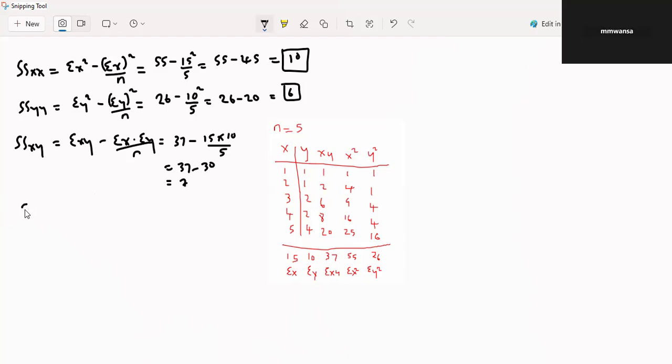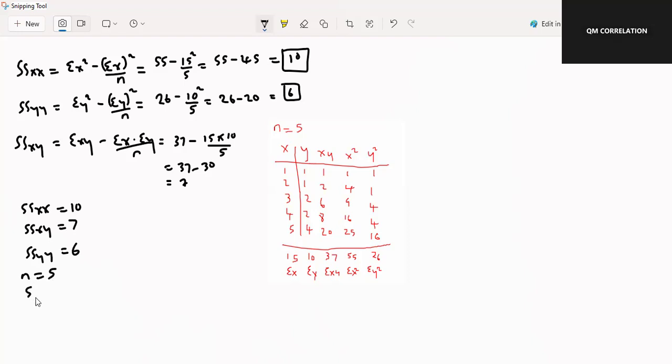So we found three things. What is our xx? 10. What is our yy? 6. And our xy is 7. And our n? 5.